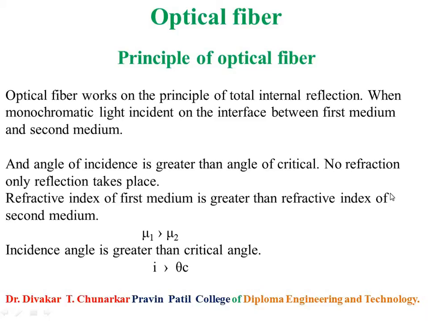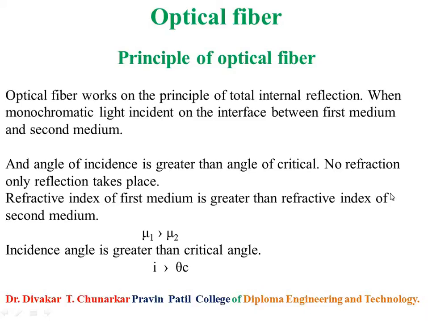In case of optical fiber, the monochromatic light is incident on the interface between the first medium and second medium, and the angle of incidence is greater than the critical angle. So no refraction takes place, only reflection takes place.